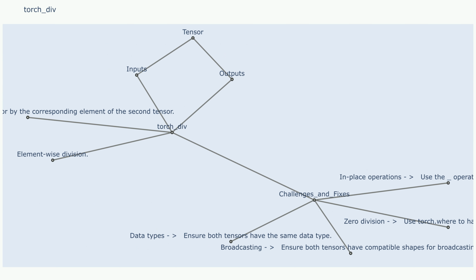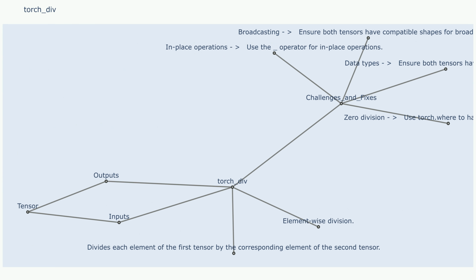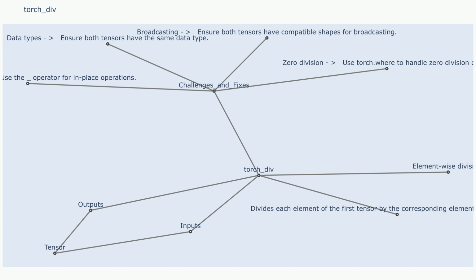Inputs: Input 1, a tensor representing the dividend. Input 2, a tensor representing the divisor. The shapes of the two input tensors must be broadcastable. Outputs: Output 1, a tensor containing the element-wise results of the division. The shape of the output tensor is determined by the broadcasting rules.